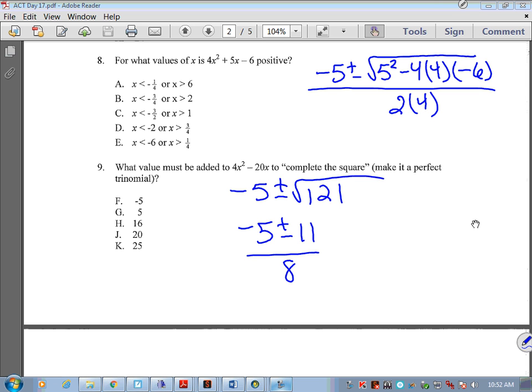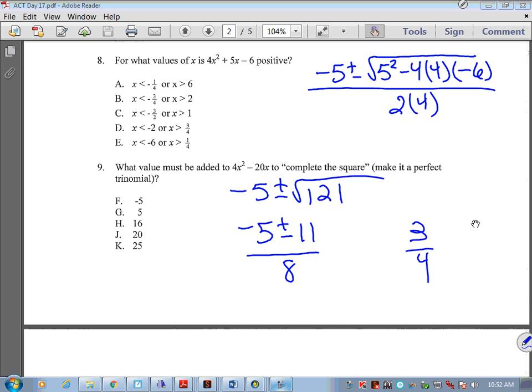All right, we want the positive solution. So -5 minus 11, that's going to be -16 divided by 8, the -2, right? So we want the positive. So we're going to take -5 plus 11, which is 6, right? 6 divided by 8 is 3/4. All right, so 3/4.